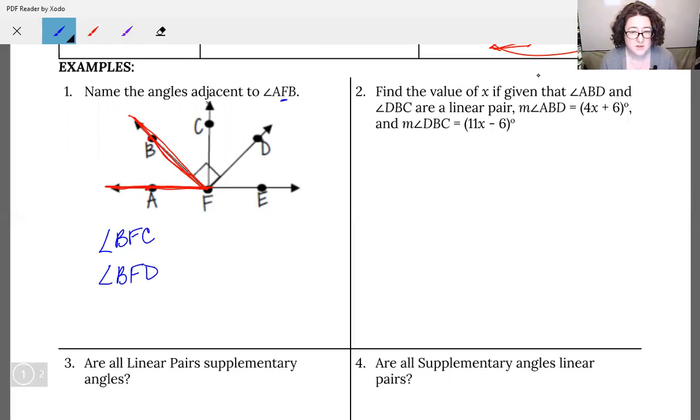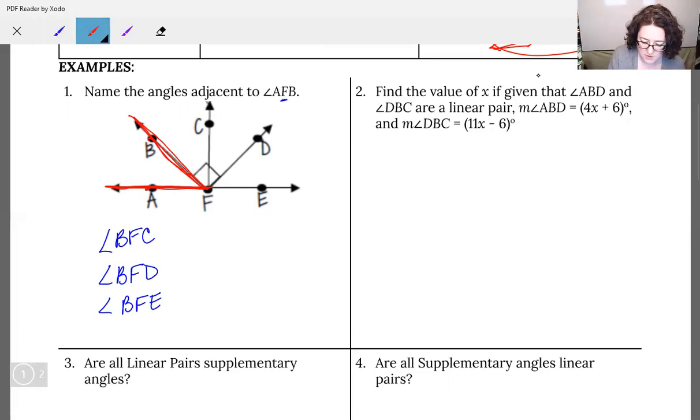What else could I use that starts with BF? I could do angle BFE. If you think about it, we are using that common vertex, the F. And you'll notice everything also has B in it, just like our original angle.